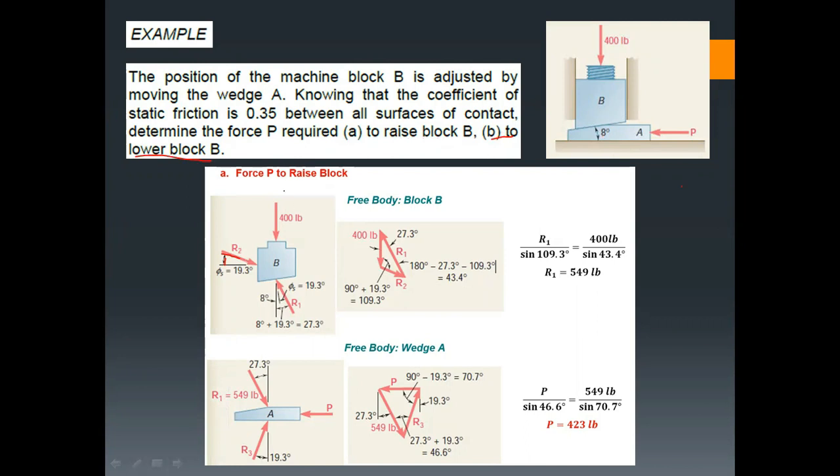So, first step, same as before, we draw a free body diagram. So, we have a free body diagram here. The force acting here is 400 pounds, our weight.